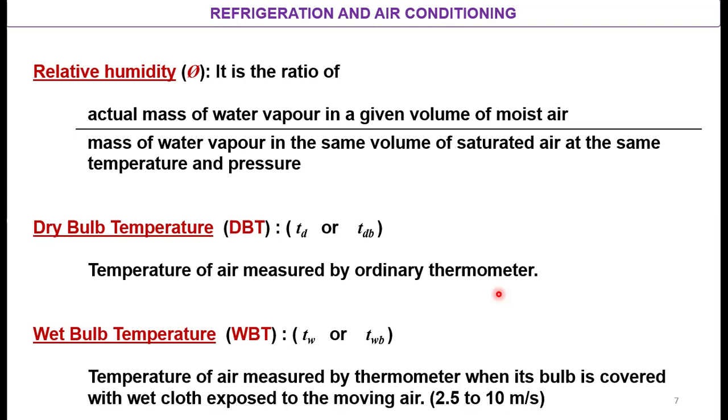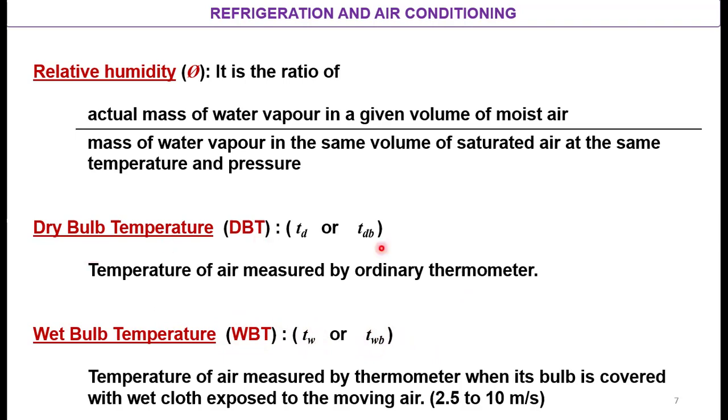Then wet bulb temperature, or WBT, which may be represented as T subscript W or T subscript WB.